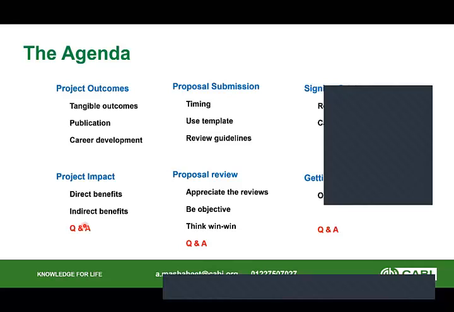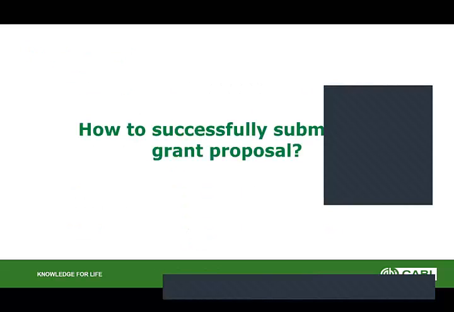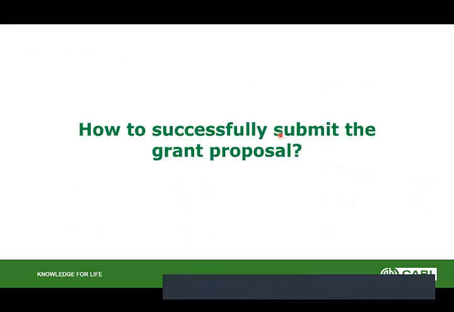Now we should be ready for the submission, and for the submission stage, we're going to discuss the timing, the importance of using the template, and the importance of reviewing the guidelines for one last time before submitting our proposal. To have a successful submission, we need to take care of these key components.